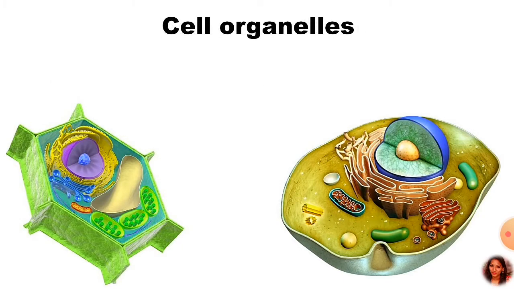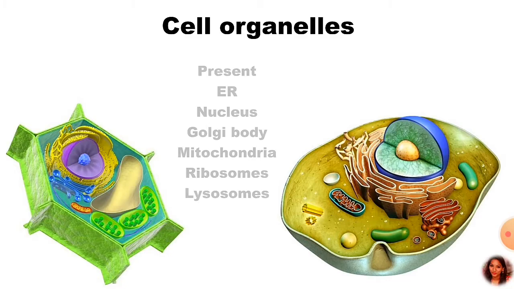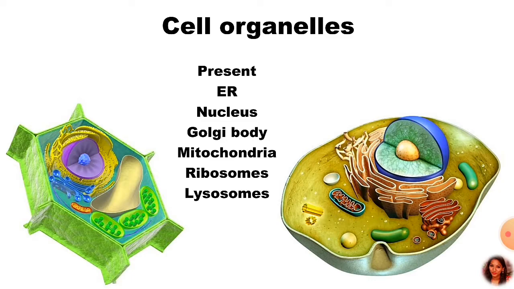Now about the cell organelles. Obviously, there are many organelles and they are similar in both the cells, like ER, that is endoplasmic reticulum, nucleus, Golgi body, mitochondria and ribosomes. ER is present in both the cells around the nucleus. The nucleus is present in the central area.